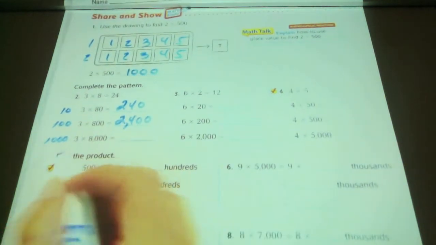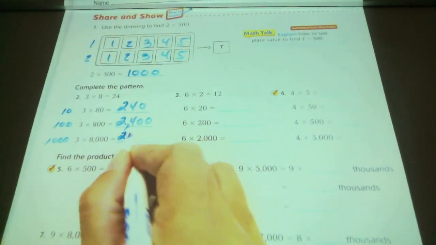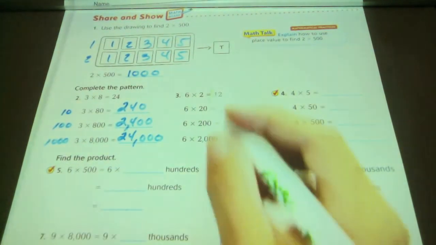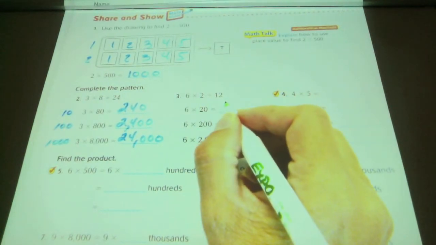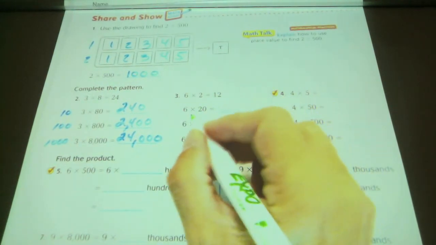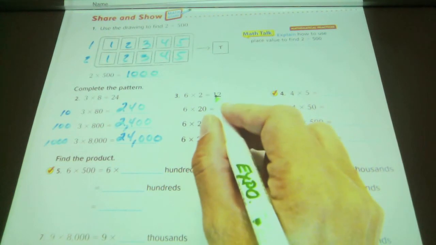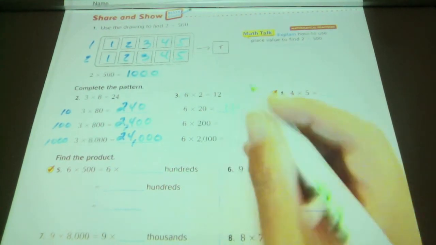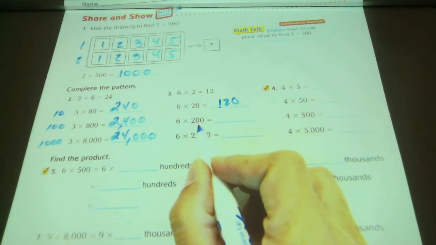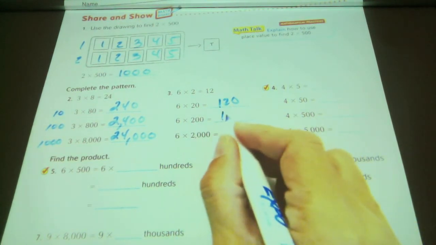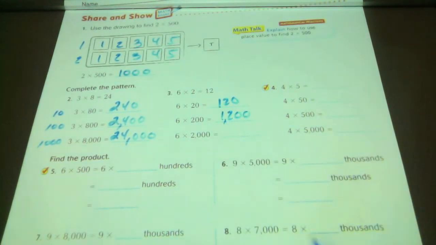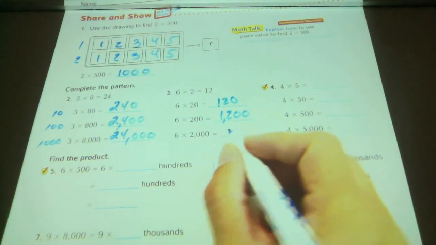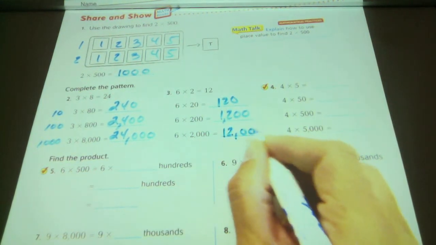And 24 times 1,000 is 24,000. Okay, 6 times 2 equals 12. So 12 times 10 would equal 120. 12 times 100 would equal 1,200. And 12 times 1,000 would equal 12,000.